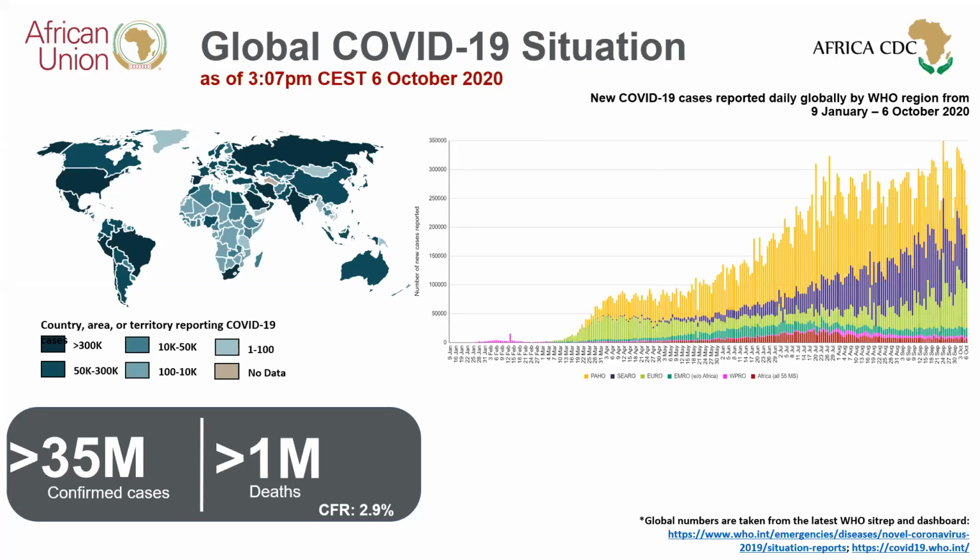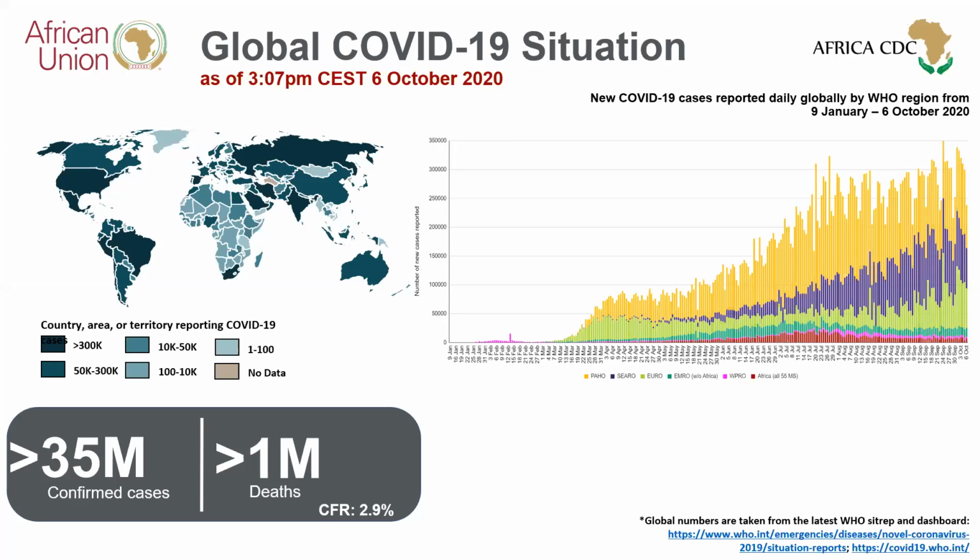The panel to the right shows the epidemic curve. And this is showing the trend of COVID-19 cases reported daily by the 6 WHO geographical areas. The PAO region in yellow is still reporting the highest number of new cases by day.